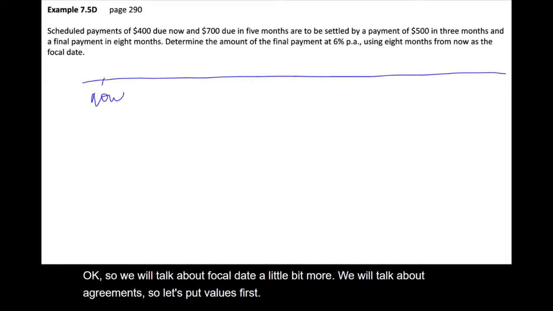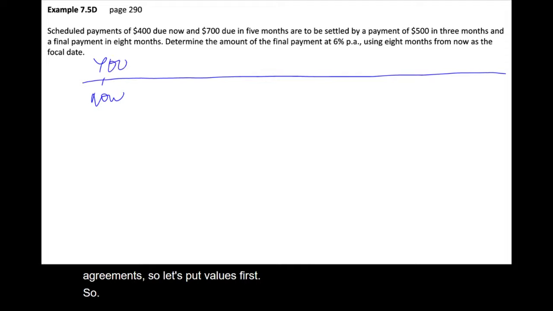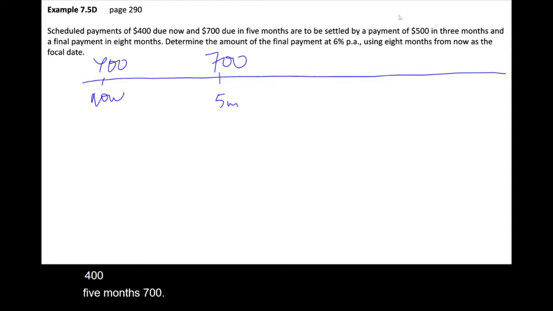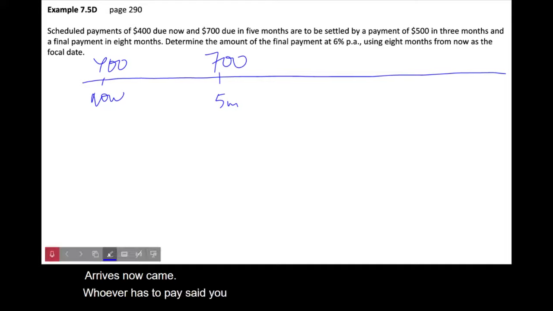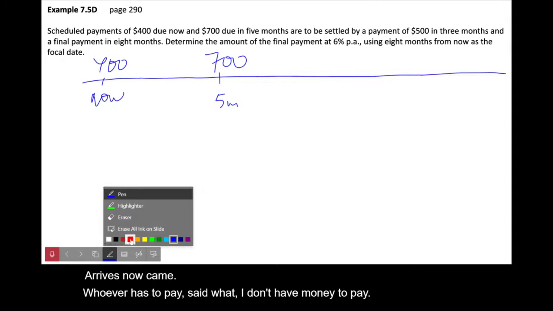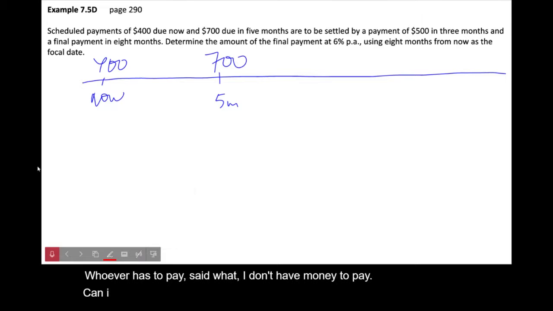So now, 400, 5 months, 700. For some reason, when now arrived, whoever has to pay said, you know what, I don't have money to pay. Can I pay later?